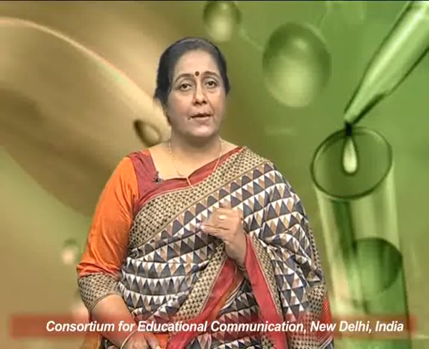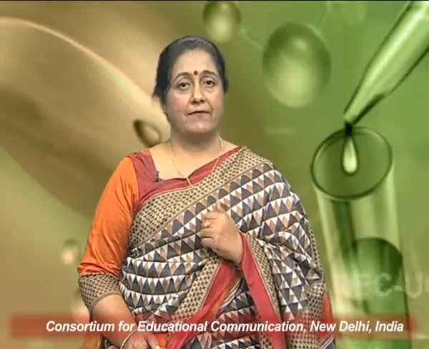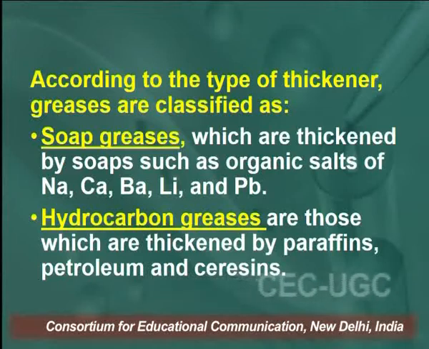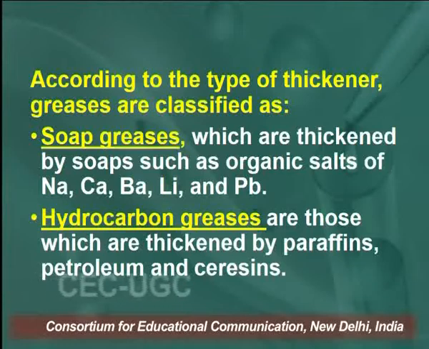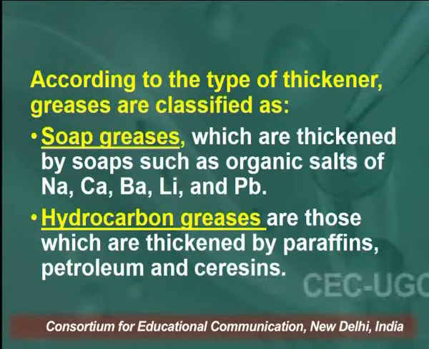According to the type of thickener, greases can be classified in many ways. Number one are the soap greases, which are thickened by soaps such as organic salts of sodium, calcium, barium, lithium and lead. Hydrocarbon greases are those which are thickened by paraffins, petroleum and ceresins.